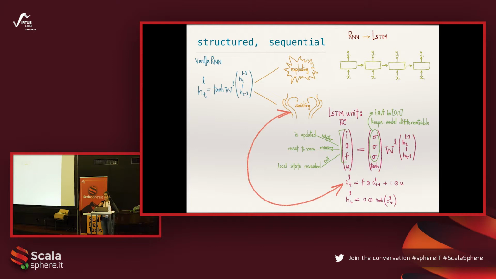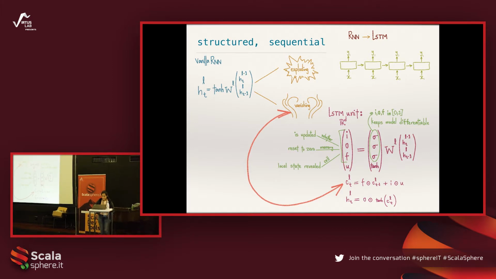And this is where we see this variant of recurrent neural networks called long short-term memory, or LSTMs, come into play. Because here, this variant of recurrent neural networks actually has a memory cell that's able to preserve state over long periods of time.